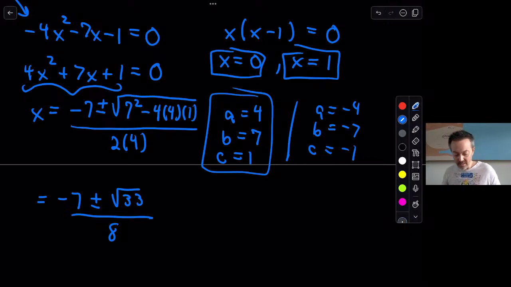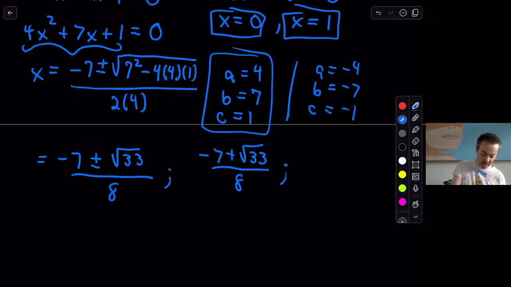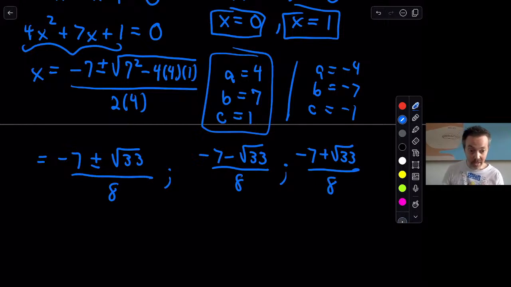Holy moly, these are not nice numbers. That's okay. So now I've got negative 7 plus the square root of 33 over 8, and then I've also got negative 7 minus the square root of 33 over 8 as my other solution.